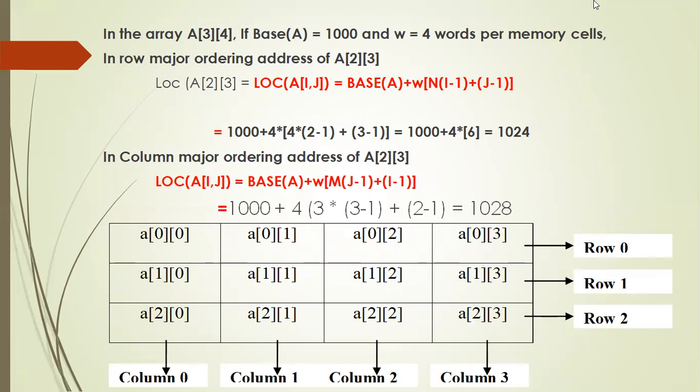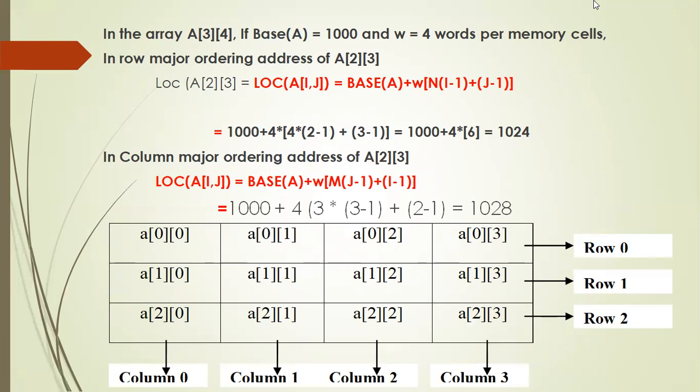You substitute. Location of A23, that means i value will be 2 and j value will be 3, equal to base address plus W into n into i minus 1 plus j minus 1, as we are computing the row major order.